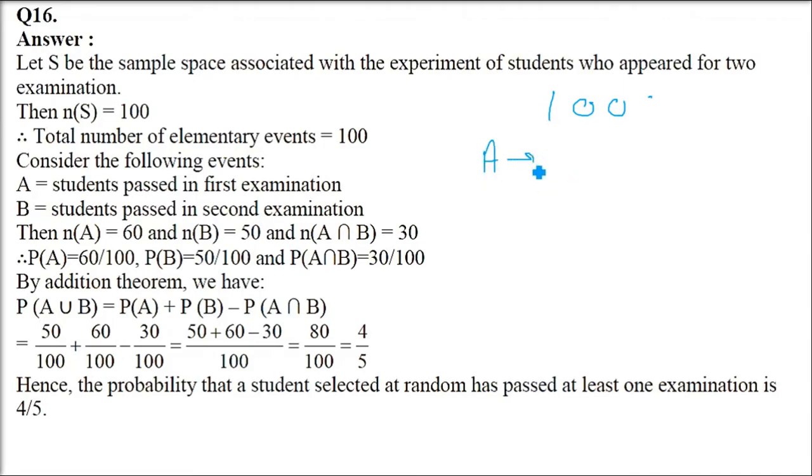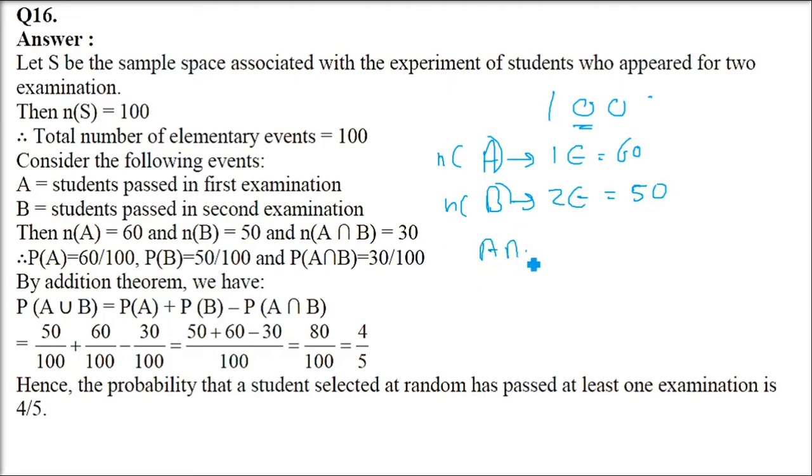What we'll do here is, A is the event of passing the first examination, and B is passing the second examination. So n(A) is given as 60 passed the first, and B is 50 passed the second, and both passed.